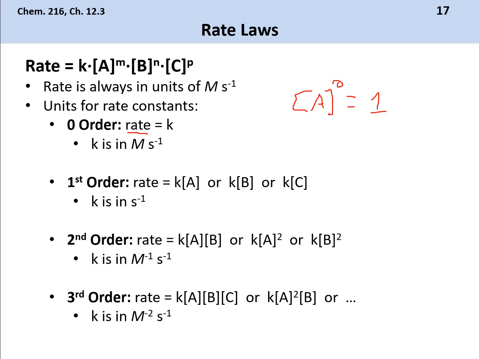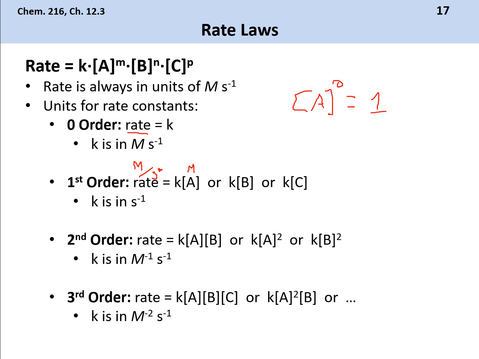All right, we can then look at first order. First order would be something like rate equals K times A or KB or KC. In this case, if my rate is in molar per second and my concentration is molarity, that means my K must be in units of seconds to the minus 1.